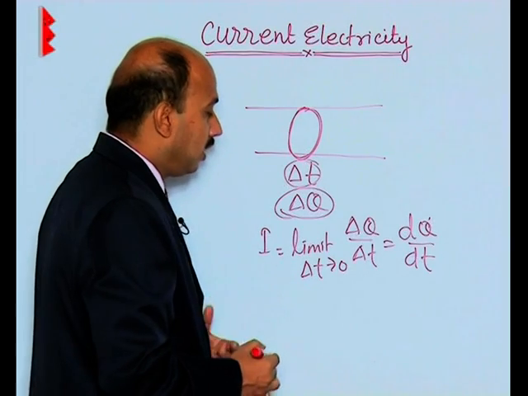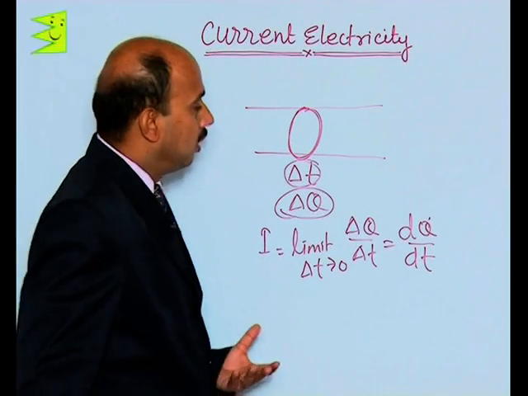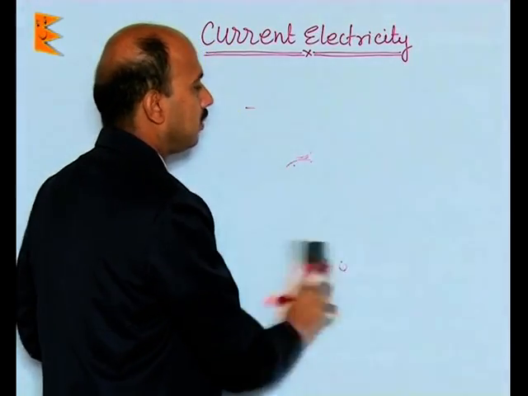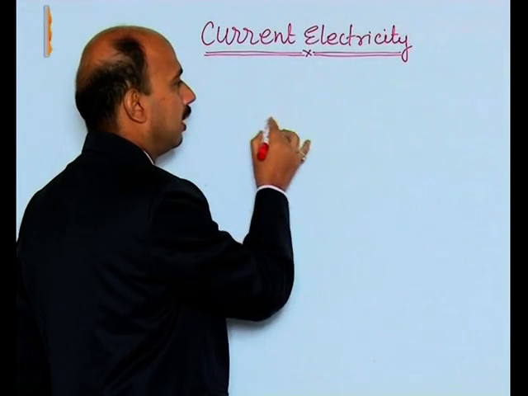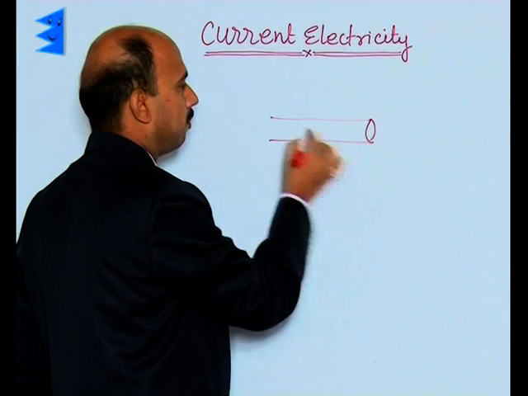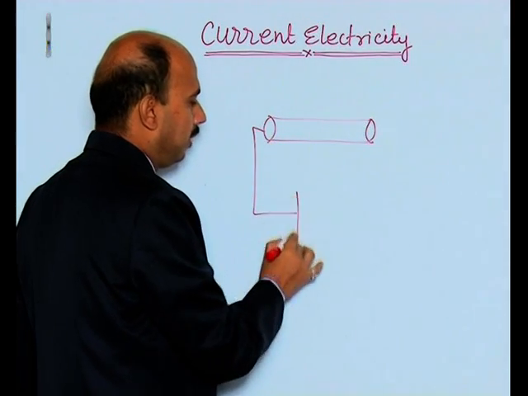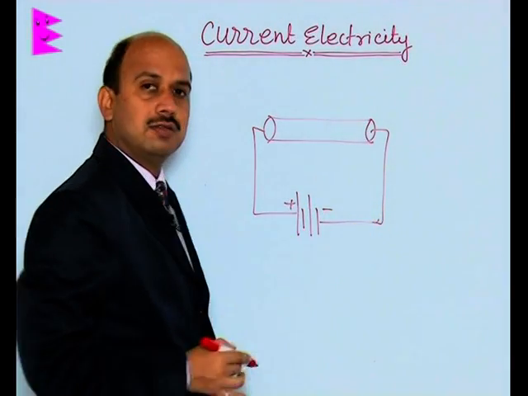Now we can understand the direction of the current in the circuit. See here, suppose I have taken a conductor, a part of the conductor, which is connected to a battery or cell, with this end plus and this end minus.